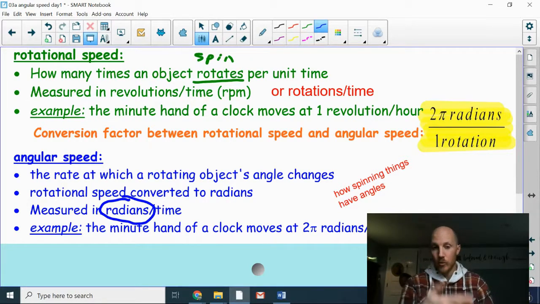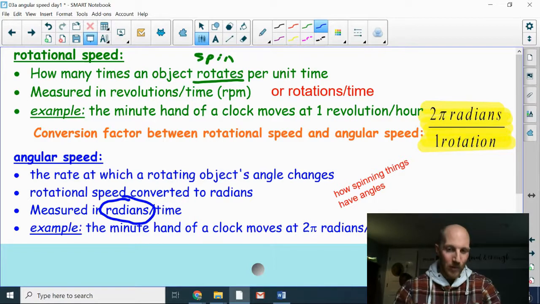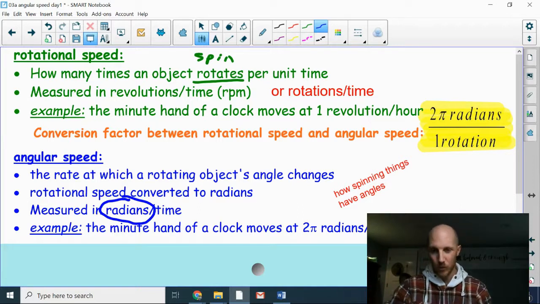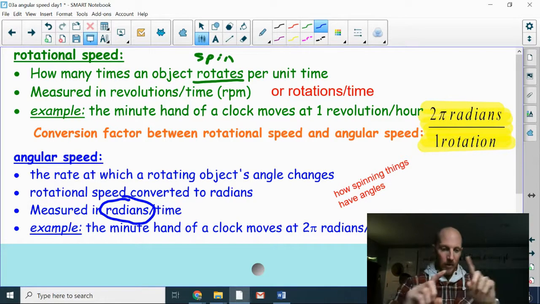Right? So it's just describing the rotation using different units. We could do this in degrees, but that would be terrible, and we're not ever going to do that with degrees. But it'd be the same thing, right? It should be 360 degrees per hour. It's just describing, instead of complete circles, it's describing it in terms of the angle measurement we're using.